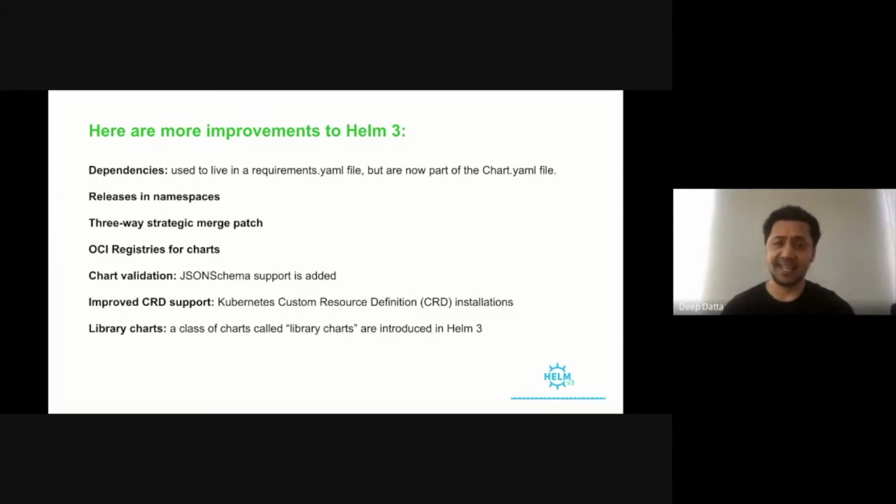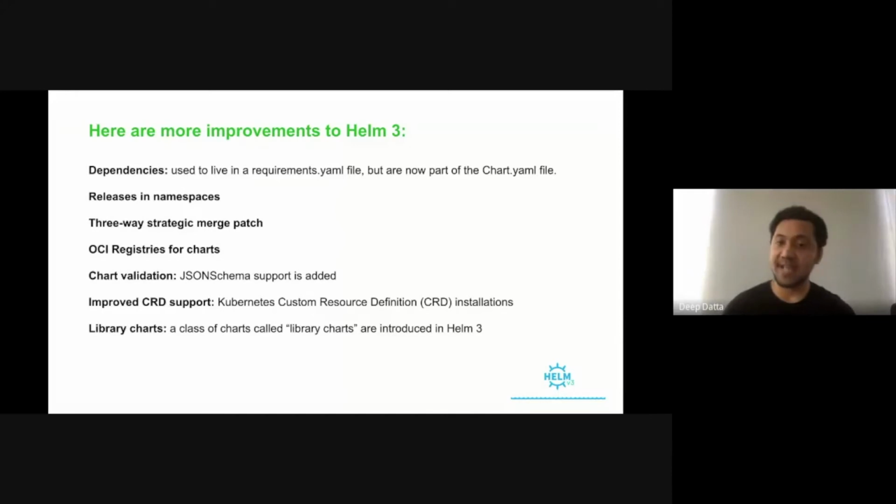Next is an experimental feature in Helm 3 is supporting OCI registries. So as Helm 3 explores using OCI registries to store and distribute charts, one of the things this would allow is for users to take advantage of some of the security that's already built into OCI, including provenance in OCI, and other features available in that registry.